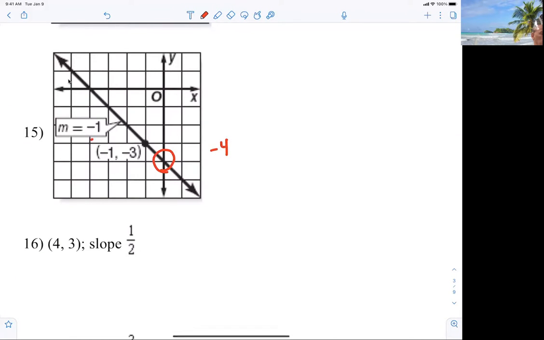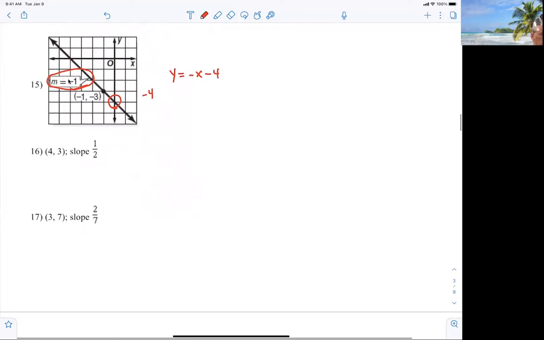And the slope is, they're just telling us. The slope is what? So then the equation is just y equals -x minus 4. That is correct.